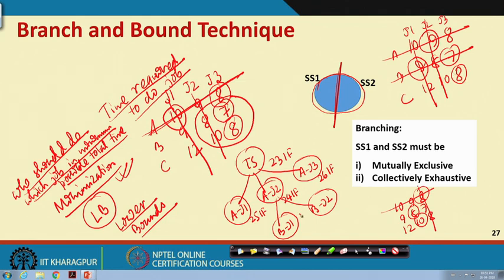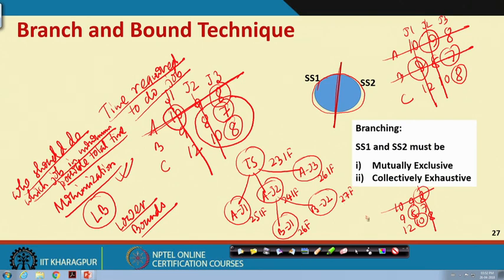So, that time is 26, feasible, because A to J2, B to J1 and C to J3 is a feasible solution. But if B does J3, then C has to do J1, then that time is 27, again feasible.